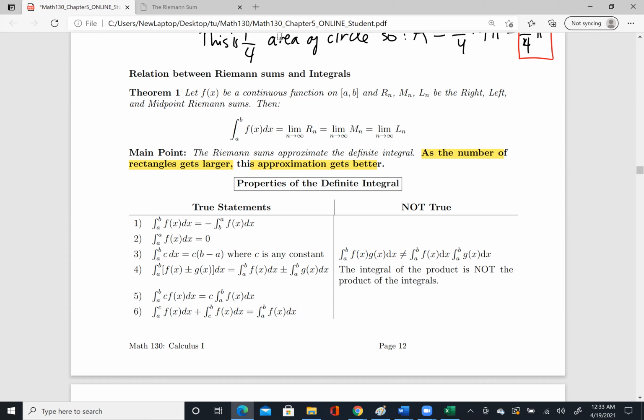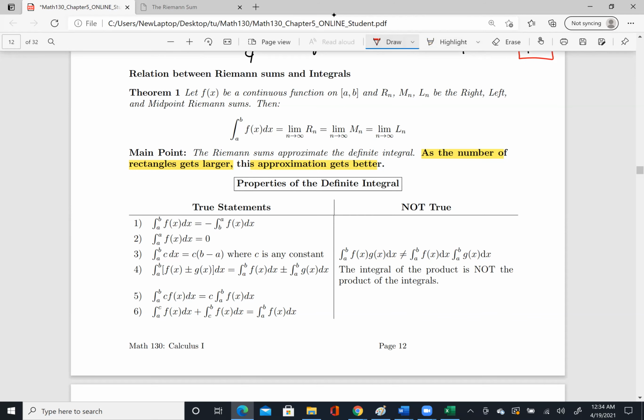So when you have more rectangles, you get an even better estimation, closer to the true area.